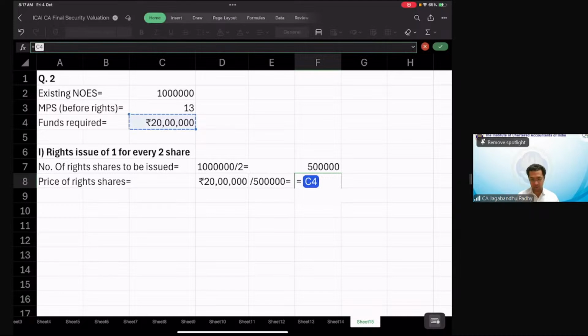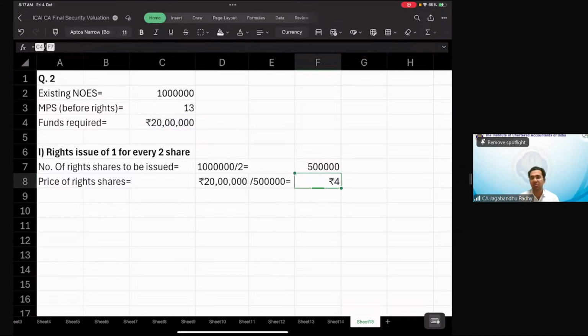So that will be 20 lakh divided by 5 lakh. Each of the shares is going to be worth 4 rupees. Did we get this point, everyone? How we determine the price of the right shares? We need 20 lakh and 5 lakh shares are going to be issued. So 4 rupees will be the price at which the shares are going to be issued.